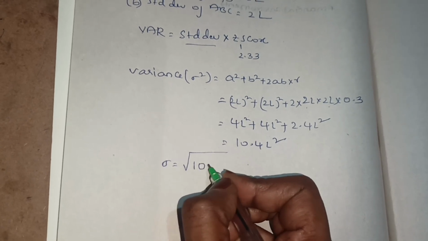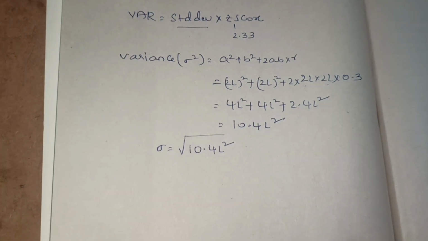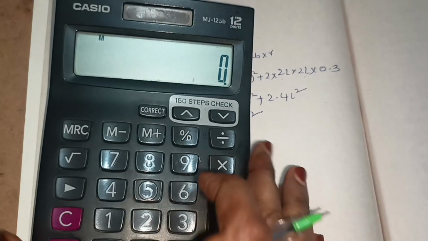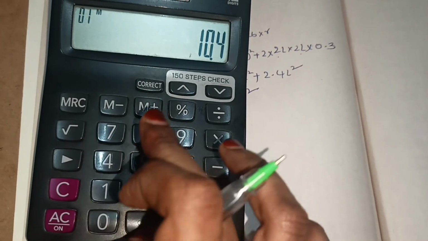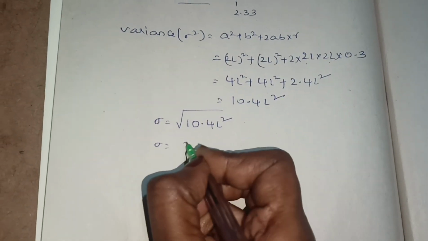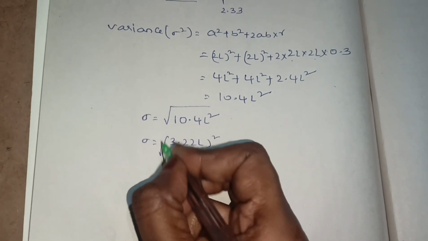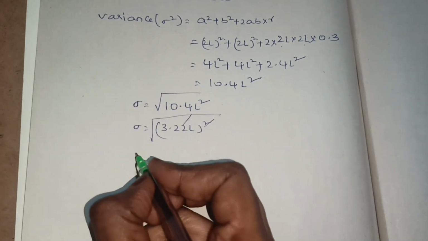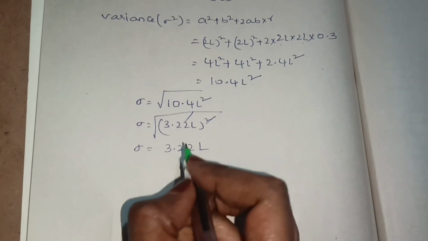So under root of 10.4 lakh square, which can be written as 3.22 lakh whole square under root. The square root gets cancelled, so the standard deviation is 3.22 lakhs.